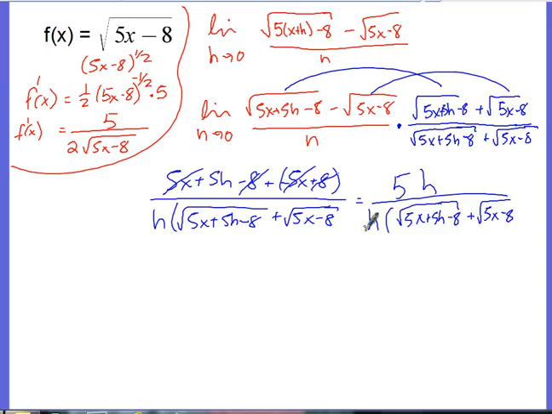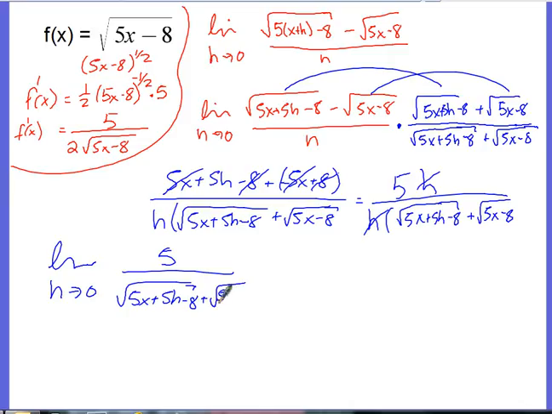So she said, oh, the h's will cancel out too. Agreed? So look, here's what I have. I have the limit as h approaches 0 of 5 over the square root of 5x plus 5h minus 8, plus the square root of 5x minus 8.